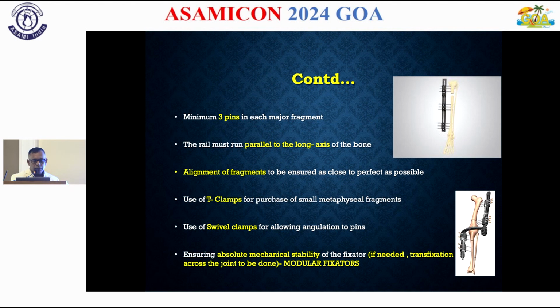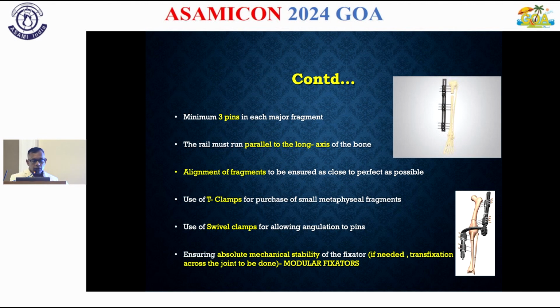Use of T-clamps for the purchase of small metaphyseal fragments, and small metaphyseal fragment, as we know, is a relative contraindication for using an LRS. Use of swivel clamps for allowing angulation to the pins. Suppose we are trying to apply the LRS in the proximal femur or the distal femur or in the proximal tibia, this may come in handy.